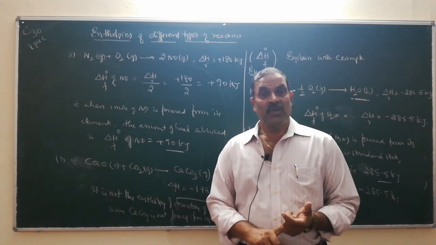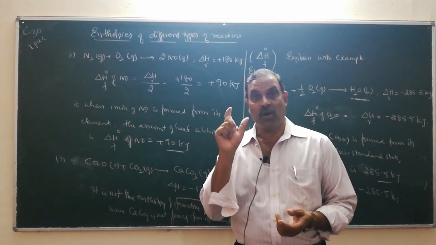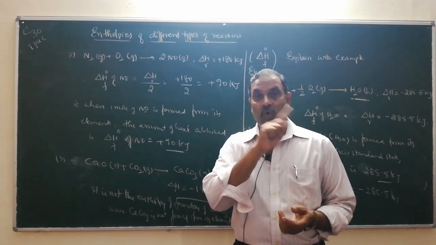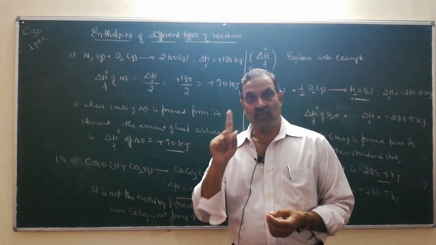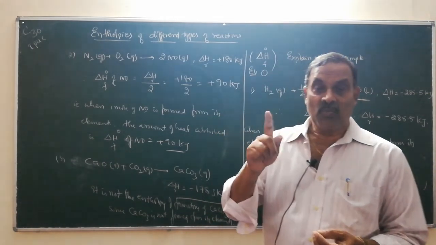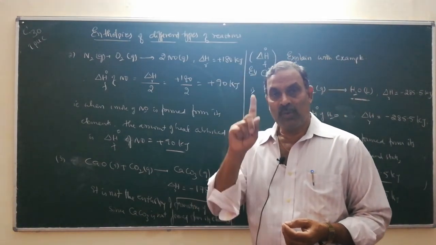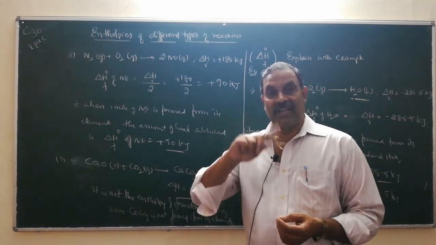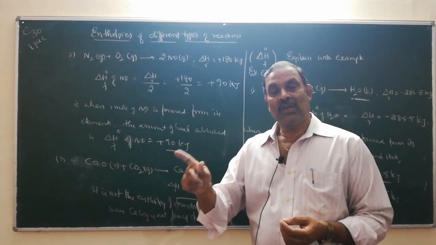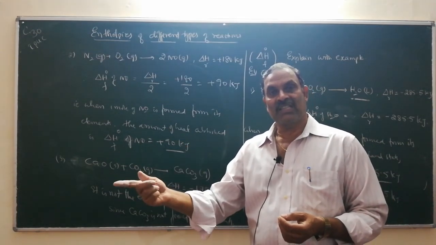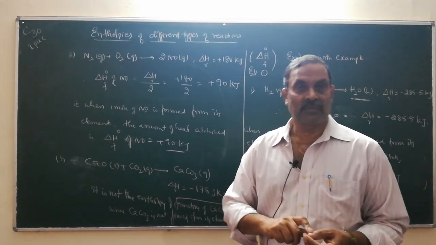It is the enthalpy change produced when 1 mole of compound is formed from its elements. The amount of compound formed should be 1 mole and the reactant should be the elements of that compound. Then only the enthalpy of that reaction becomes the enthalpy of formation of that compound.